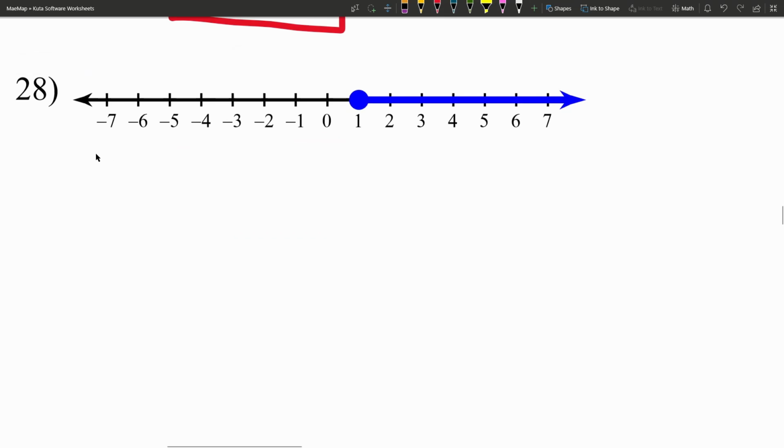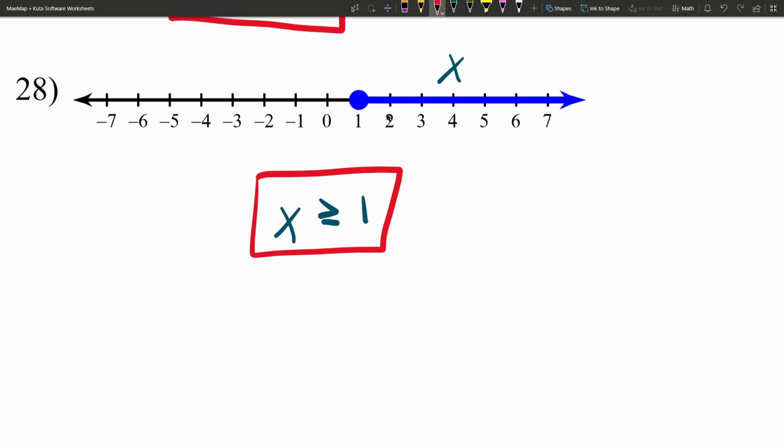And then lastly, number 28. The number that's circled is that positive 1, same as in number 27, except this time everything's shaded to the right. So if we were to use our variable x again, x represents all the values that are greater than or equal to that positive 1.